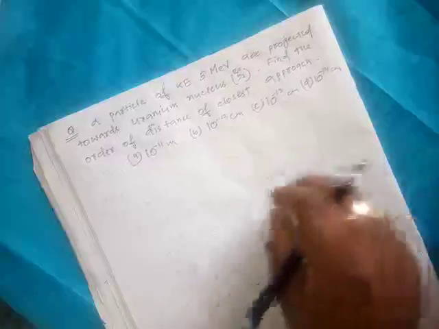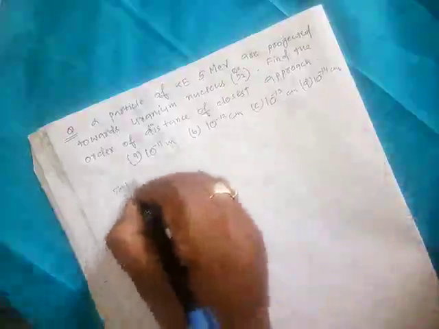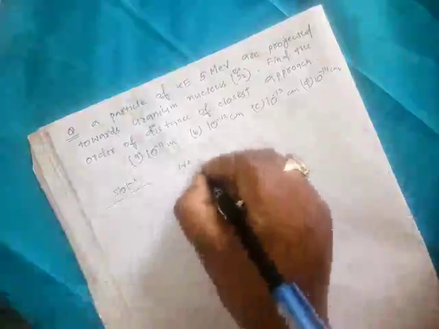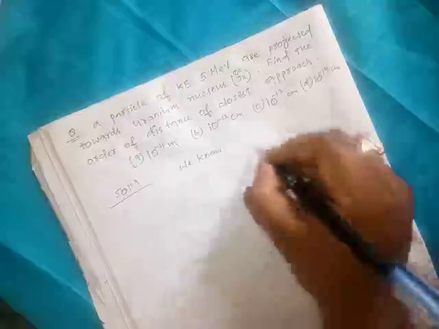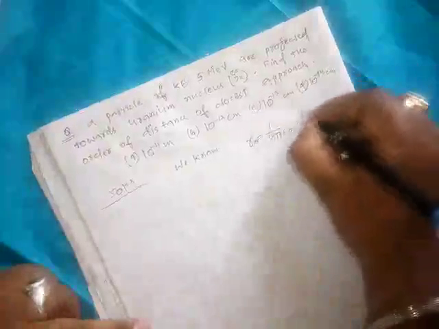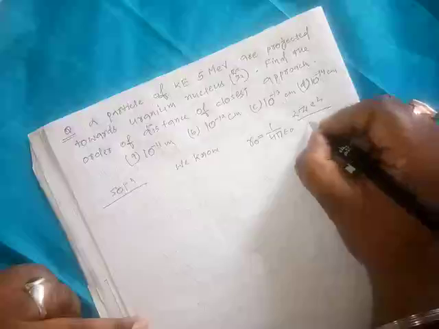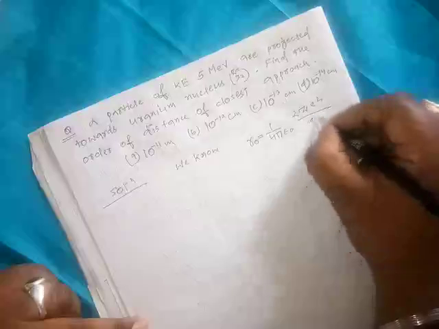We know that R naught is equal to 1 by 4 pi epsilon naught, twice Z square e square by, what is the formula? Kinetic energy, right? And 1 by 4 pi epsilon naught is how much?